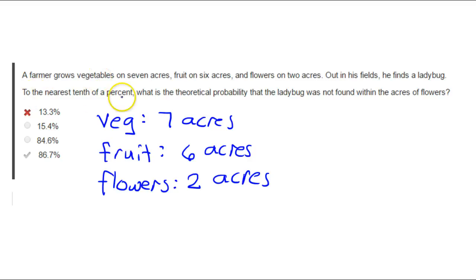To the nearest tenth of a percent, what is the theoretical probability that the ladybug was not found within the acres of flowers? Not found in the flowers. So, target over total.